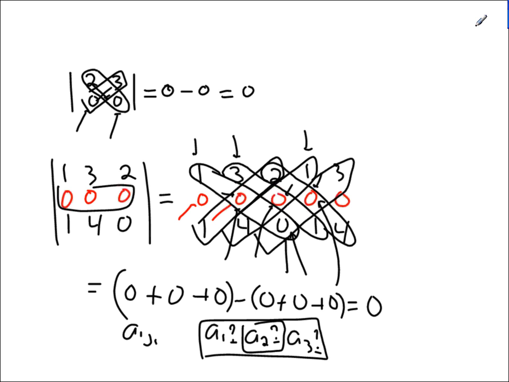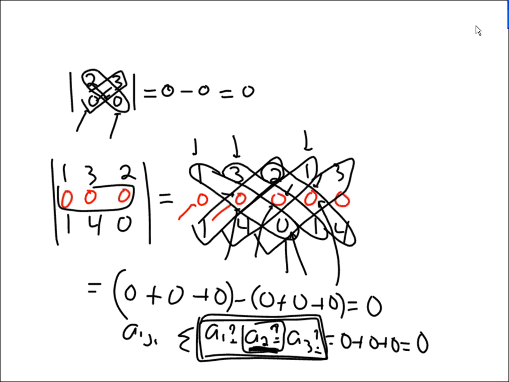Because whether you're in column 1 or column 2 or column 3, A21 is 0, A22 is 0, A23 is 0. And when you add up all things that look like that, you just get 0 plus 0 plus 0. You're always going to be taking something in each term, and these are the terms. One of the factors will always be from row 2. A2 something. No matter what that something is, and it's a column number, it's 0.